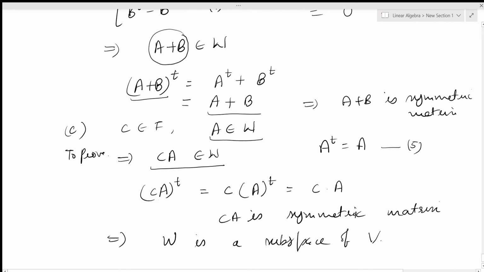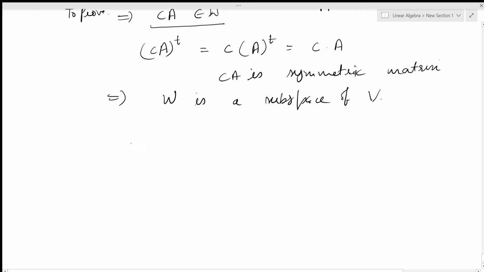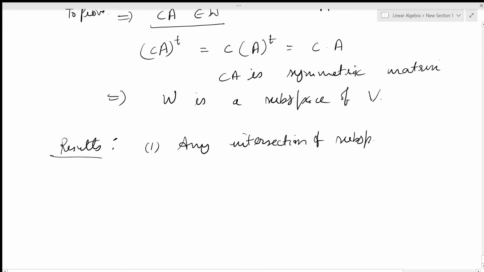Now there are lots of examples you can prove in a similar way, and there are some results also. There are two results. The first one: any intersection of subspaces of a vector space is a subspace of V. That means if we take the intersection of all the subspaces of a vector space, this is also a subspace.